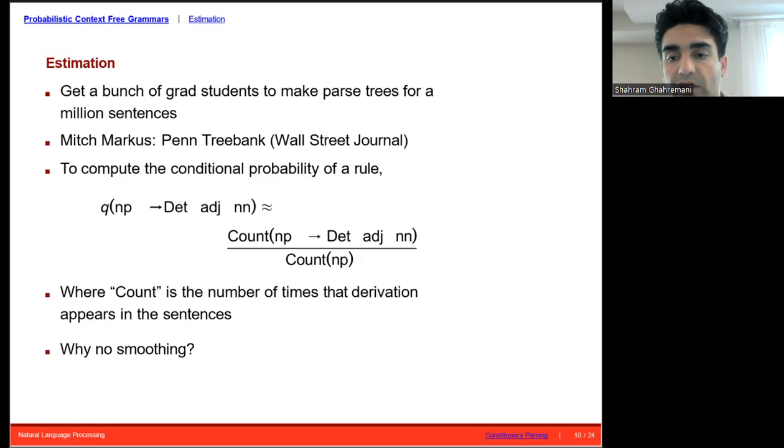And as long as your grammar isn't too fine, you will still get all of the grammatical sentences. It is not to say people never do smoothing, but it isn't as important here.